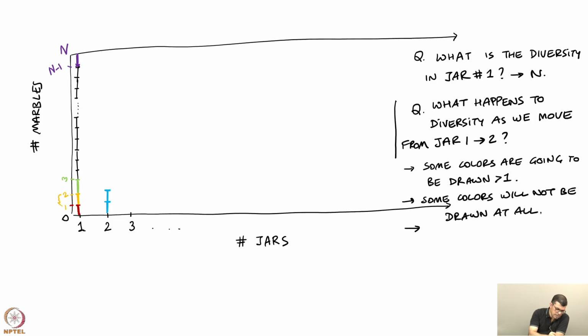So, maybe in this example that we did, the red color completely missed out and it is not represented in jar 2 at all. So, red color has gone extinct as we transitioned from jar 1 to jar 2. As a result of this, even though the population size, the number of marbles in the jar, remains the same, the diversity in the jar decreases.